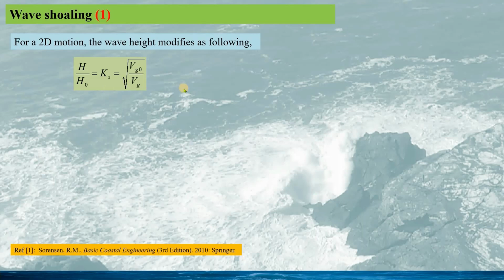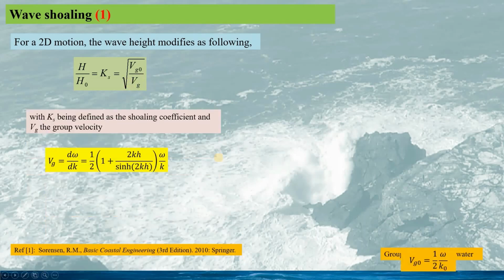The wave shoaling coefficient Ks is the ratio of the wave height in the finite water depths over that in deep water H0. The ratio would be given as the square root of the wave energy velocity Vg0 over Vg. Vg0 is given in this form, and Vg is given in this expression.